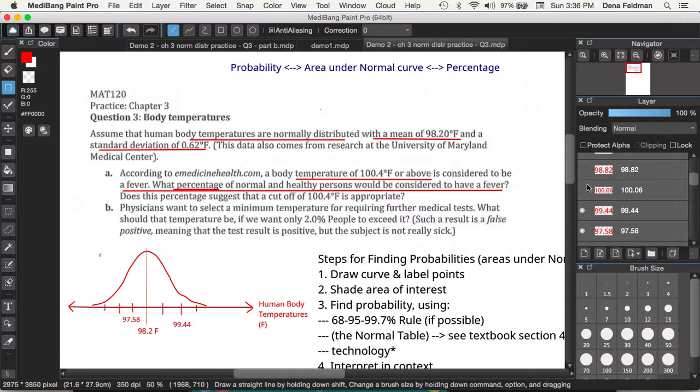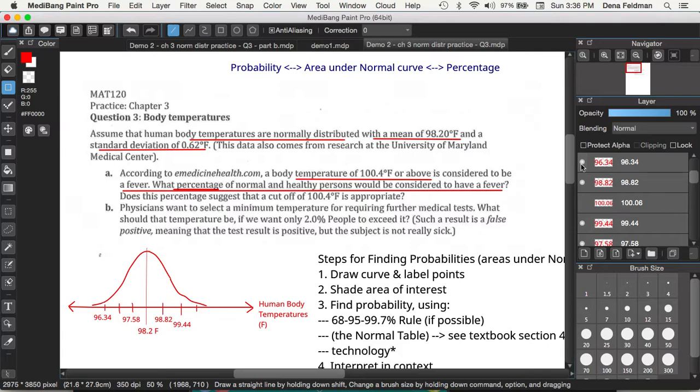For example, that almost all of the data, 99.7% of the data, would be between 96.34 and 100.06.